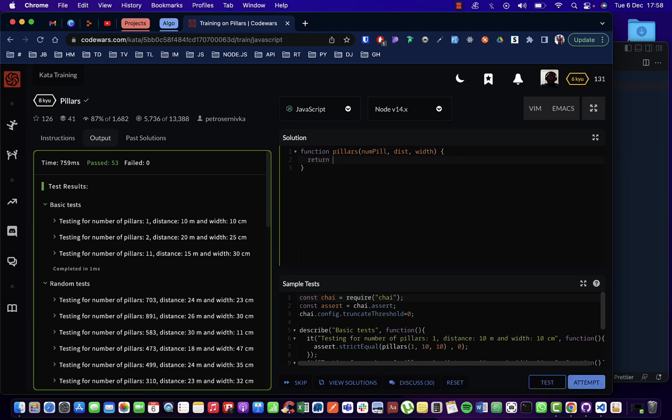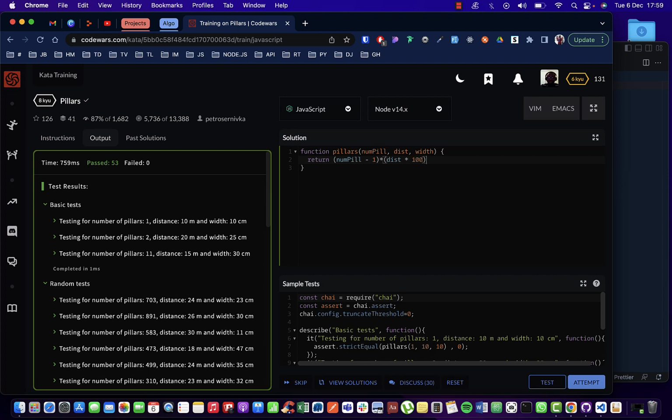So what I will do instead is I will first of all consider the distance between the pillars. So we have num_pil minus, just like we did before, minus 1, and we are going to multiply that with the distance and convert it to centimeter. So distance times 100.